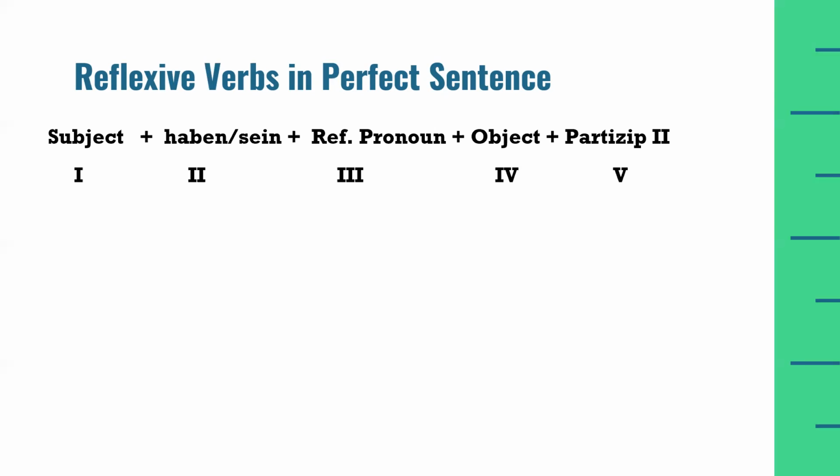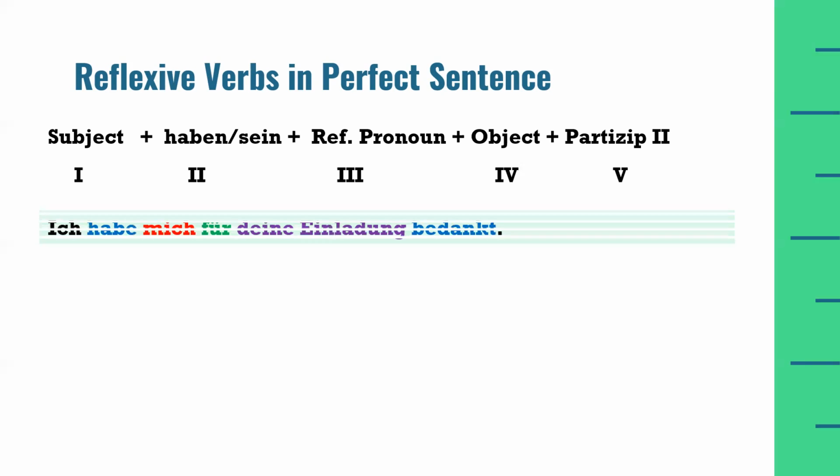At fourth position, the object or the preposition or the adjective will come, and the last position of the sentence will be dedicated to the participe zwei form of the verb, because it is a perfect tense. And what is the participe zwei form and when do we have to use haben and when do we have to use sein? This we have covered in the lessons of A1 level.